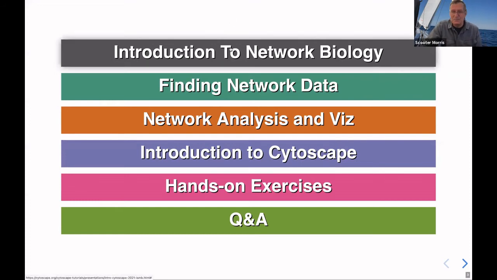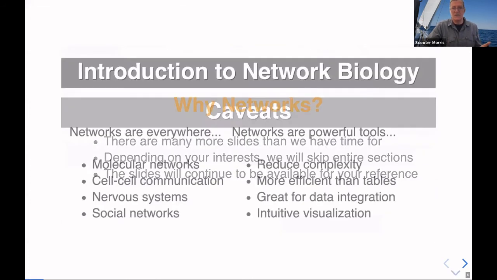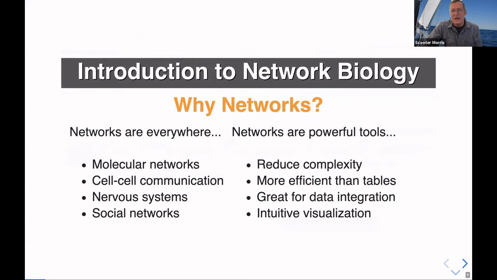Okay, so introduction to network biology. I've already mentioned this. So networks. Why do we care so much about networks? I mean, Cytoscape has been around now for almost 20 years, and it has been incredibly popular because of the network orientation. So the immediate question is why?